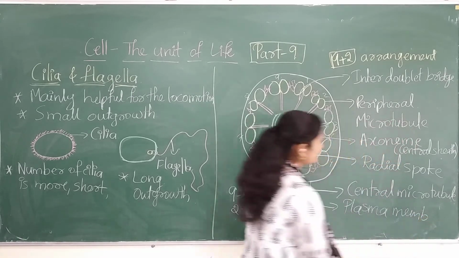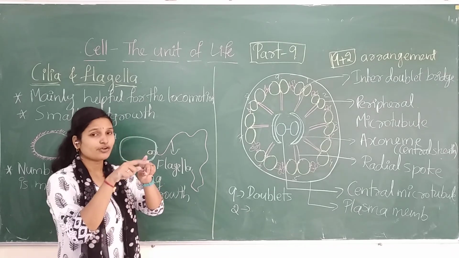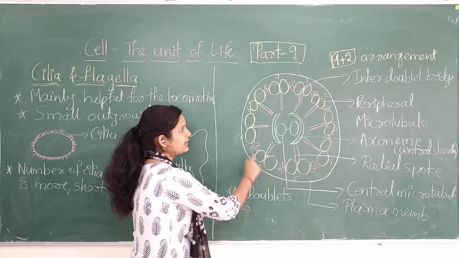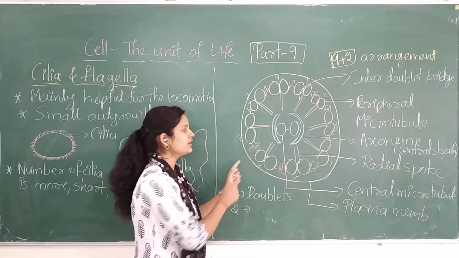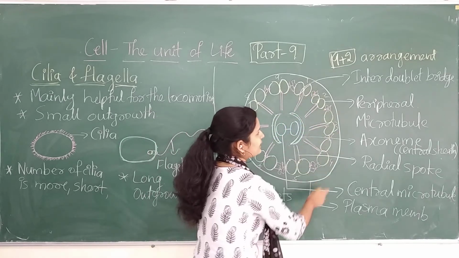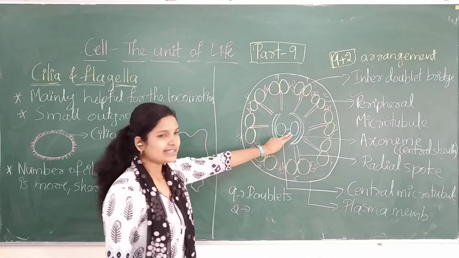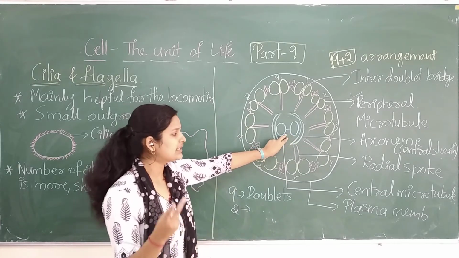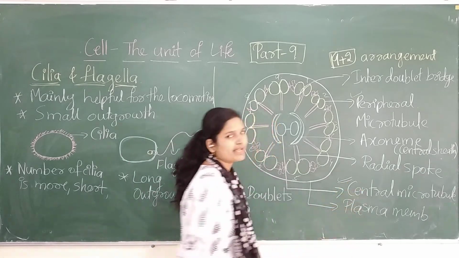Try to imagine there is a locomotory structure and there is a presence of 9 peripheral microtubules. Why peripheral? They are present at the peripheral region of this. So these are nothing but the peripheral microtubule. The inner part has 2 microtubules, that structure we call a central microtubule.